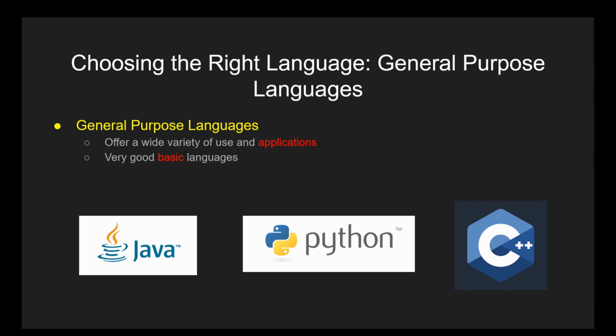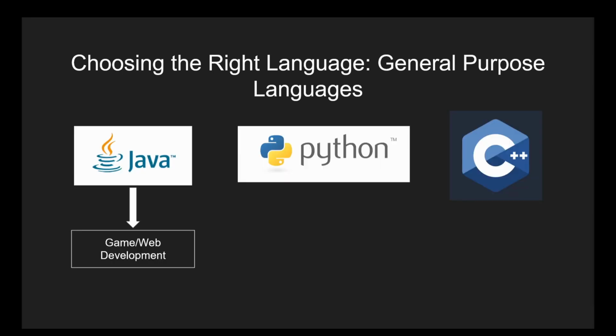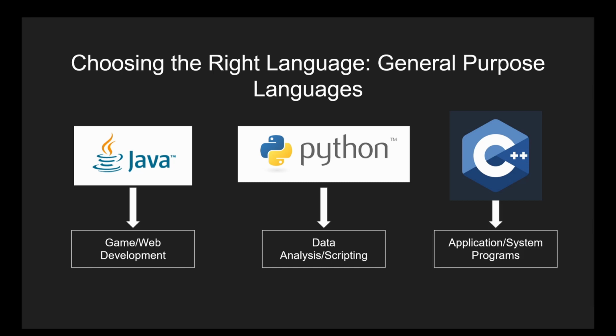They each have their own different benefits over one another. Java is best at developing games and interactive web pages. Python can act as a scripting language for web programming as well as writing applications and data analysis, and C++ is best for writing applications and system programs.